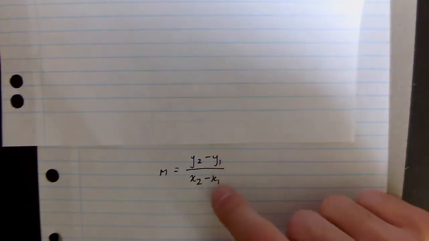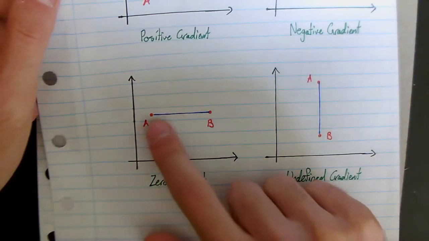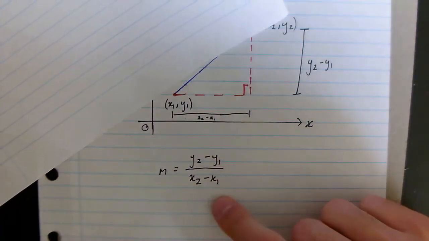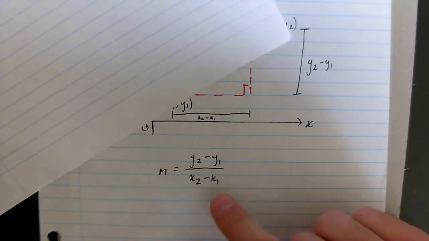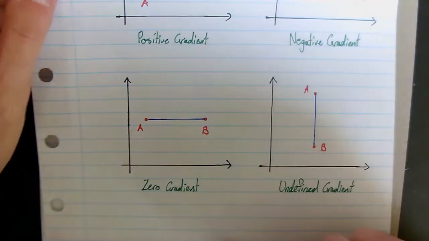So 0 over anything except 0, and hopefully we can piece together that the horizontal length is not 0. So 0 over whatever is just going to be 0, and that's why our gradient is going to be 0 when we have a flat, horizontal line.